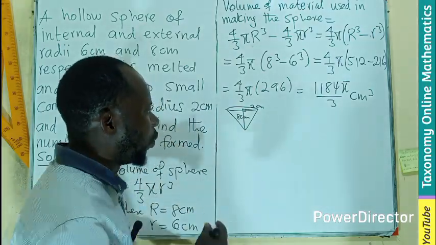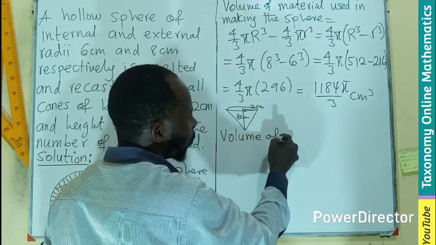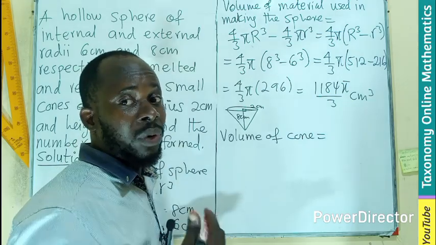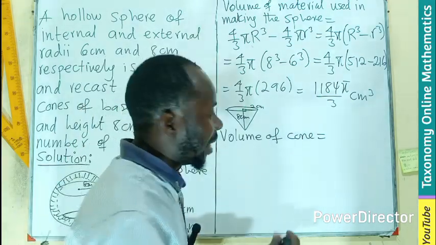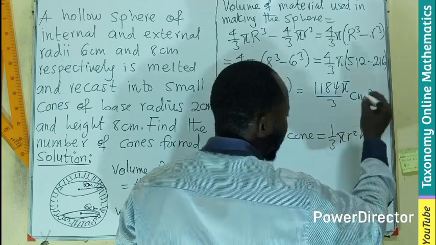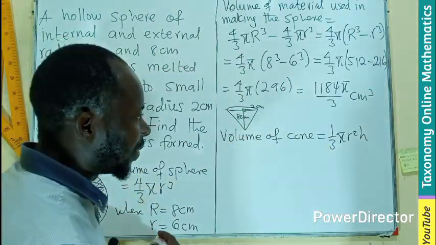And how do you find volume? Remember, volume of cone is actually 1/3 of the volume of a cylinder, which is 1 on 3 pi r squared h, where the r is the 2 and the h is the 8.